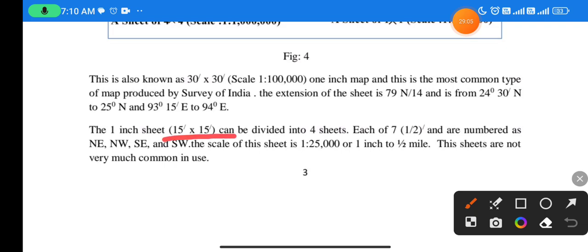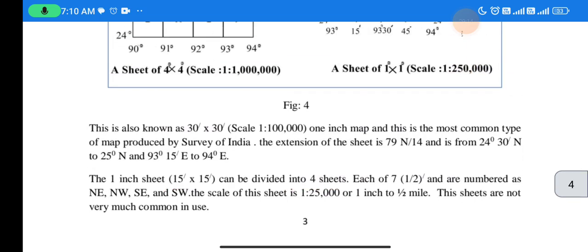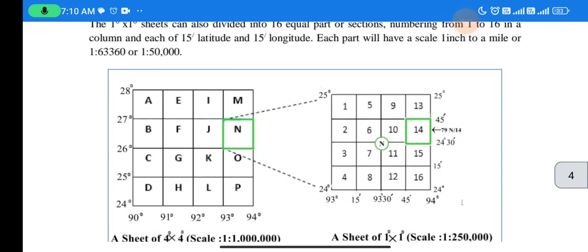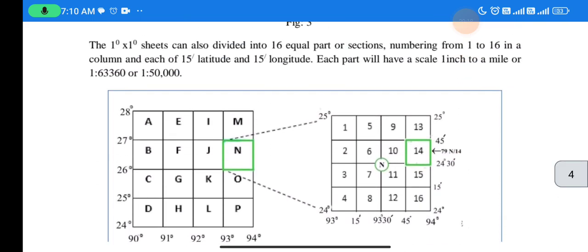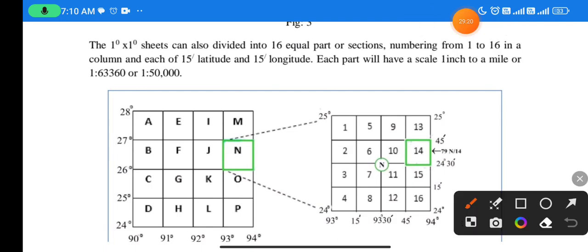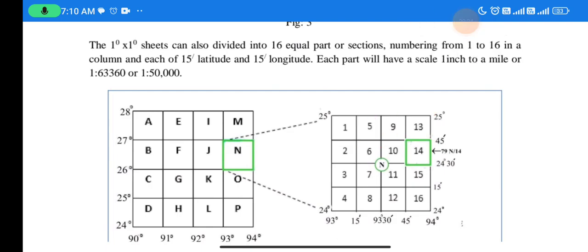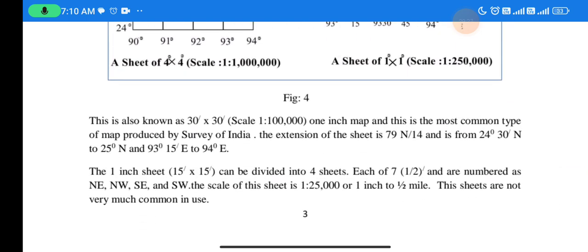15 inch into 15 sheet can be divided into 4 sheets. Okay, so I think it is talking about this being 15 inch. Now this is 15 inch. Now it is talking about the 1 inch sheet.